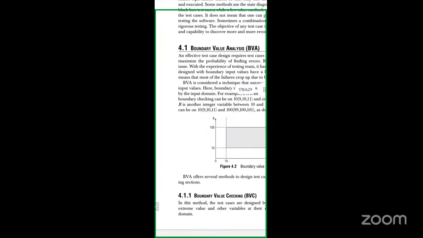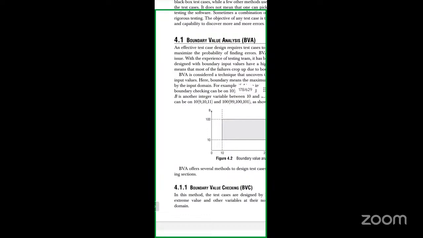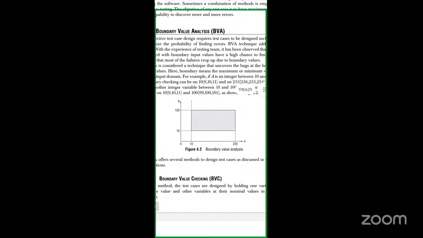Okay, so moving on to boundary value checking, that is BVC. As the name says, it is going to have some boundaries. In this picture we have a boundary value analysis figure, ranging from 10 to 255 and 10 to 100, with A and B as two different directions.